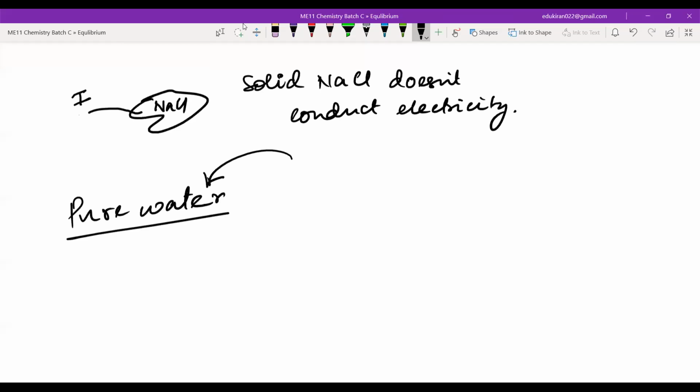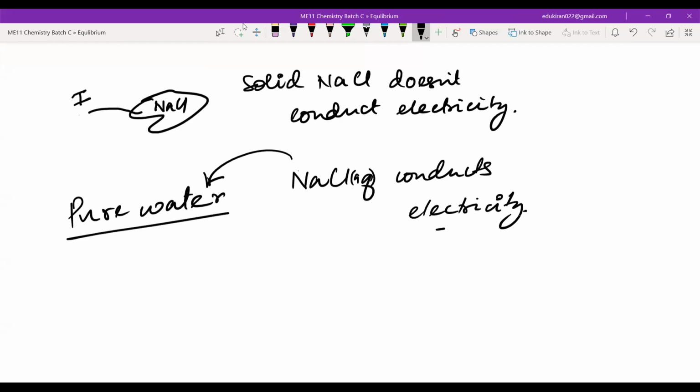But what if I add NaCl here? What is going to happen? If I add NaCl, that means aqueous NaCl conducts electricity. Yes or no? Yes, sir. Right. That means aqueous NaCl is inherently different from solid NaCl.